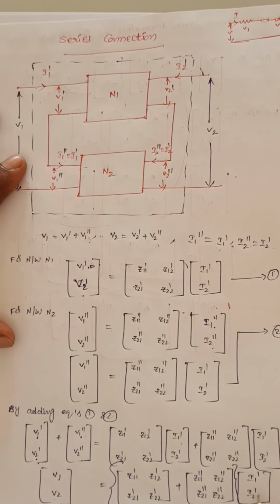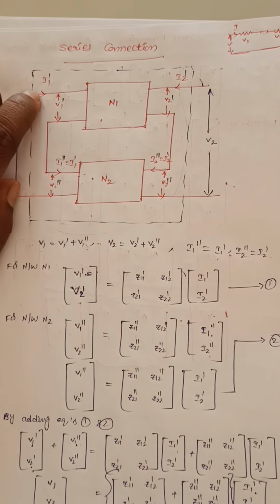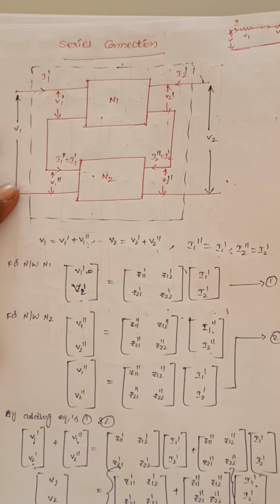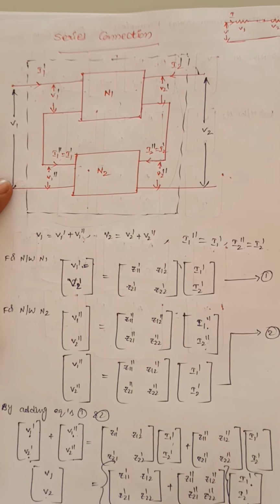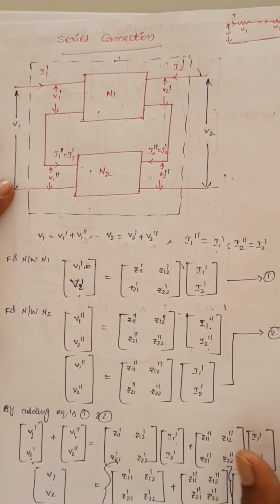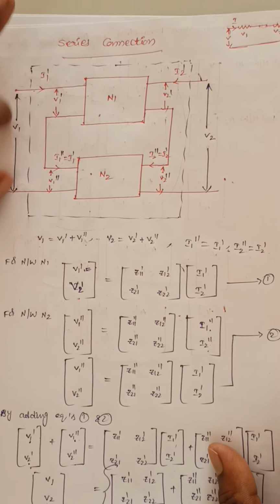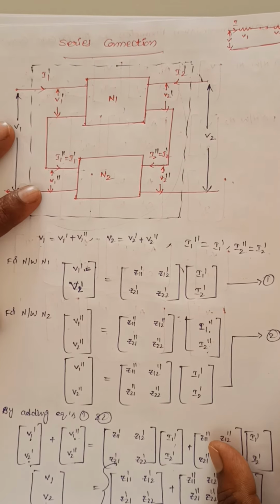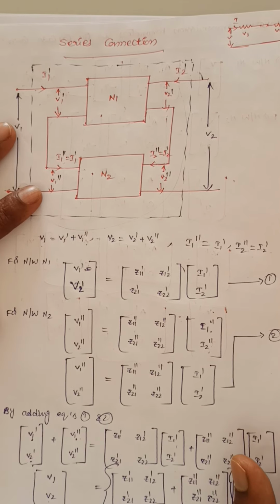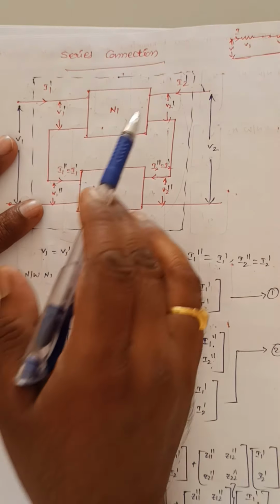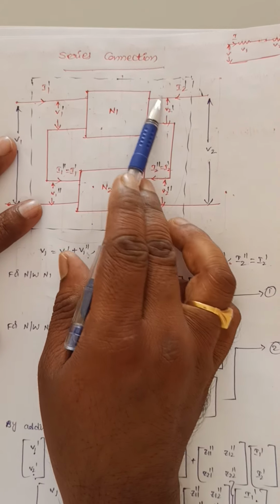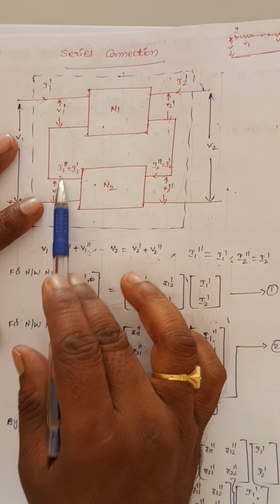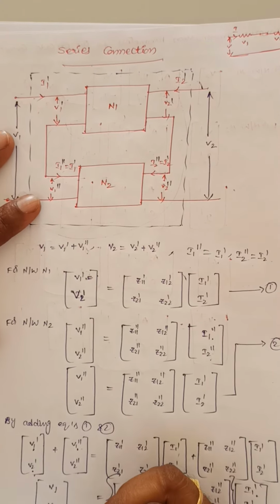Next, the input current is I1 dash and the output current is I2 dash, right? So the Z parameters for the combination of these networks, this type of connection, can be calculated by adding directly the Z parameters of network N1 with the Z parameters of network N2.